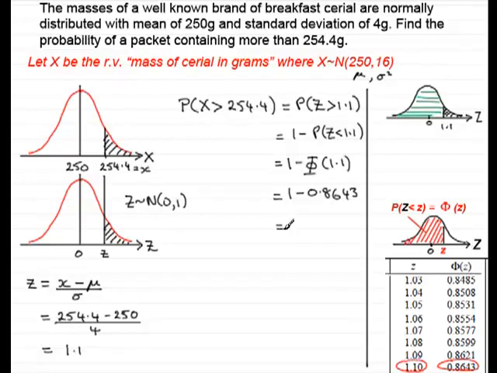If you work that out, what you get is 0.1357, and we should really round this to 3 decimal places, not leave it like this, because the tables are only 4-figure tables and they've got other values behind these. So to guarantee the result to 3 decimal places, we would have 0.136. So 0.136 is the probability that X is more than 254.4.